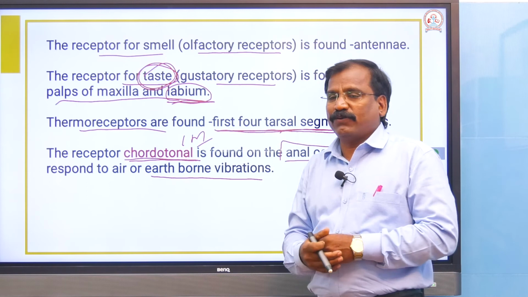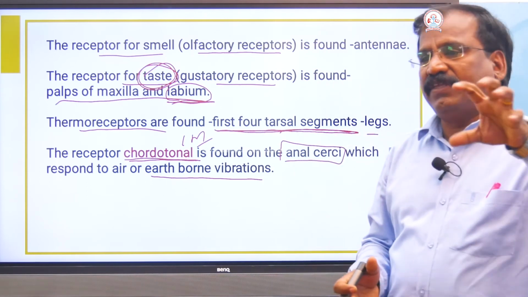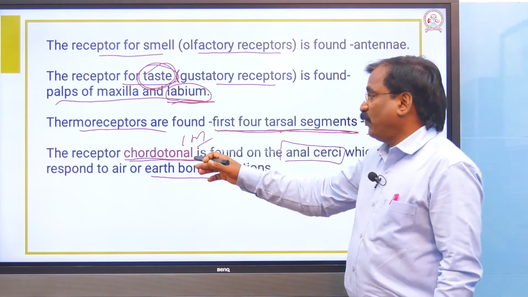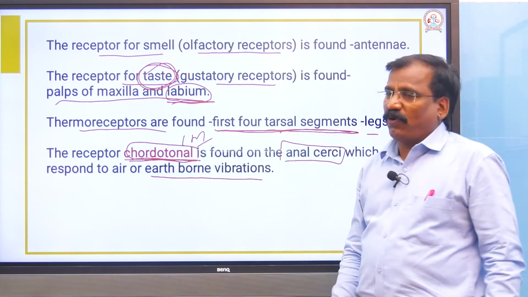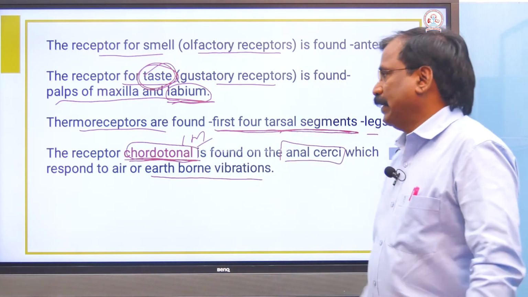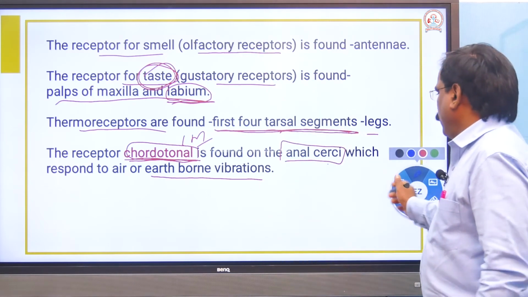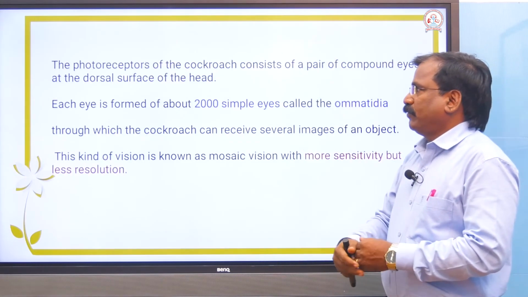So far, what have we been saying? That the anal cerci are meant to sense the vibrations from the air and earth. That is called the cardotonal receptor, and it is located in the anal cerci. Okay, in the anal cerci there are cardotonal receptors.